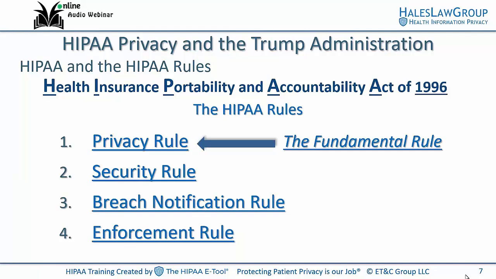The privacy rule has been updated. The breach notification rule is the newest rule. It was established by Congress in 2009 when Congress made the only amendment or modification to the original HIPAA rule. And the enforcement rule sets out the ways in which the Department of Health and Human Services enforces the rule.